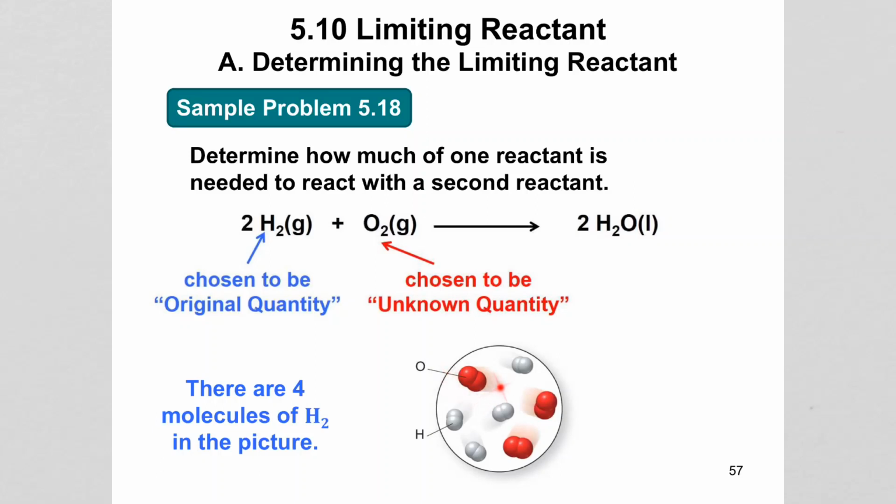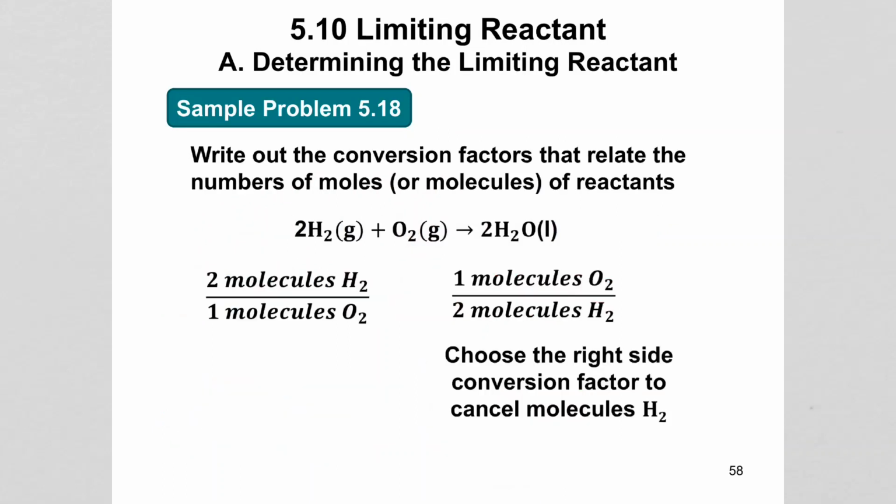So if I have 4, the white ones are my hydrogens, so 4 of these, how many oxygens am I going to need? Well, for that, I need to look at the mole ratio. I have 2 molecules to 1 or 1 to 2, whichever one works out best. In this case, the right one is the one that I want because I'm looking for how many oxygen molecules I need.